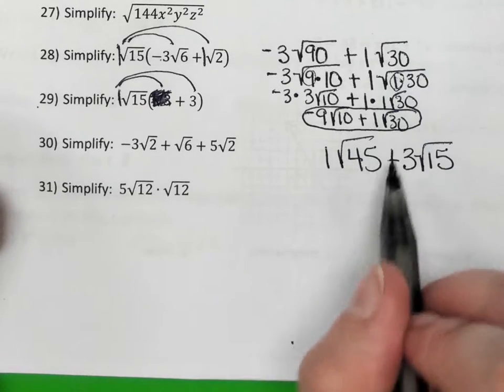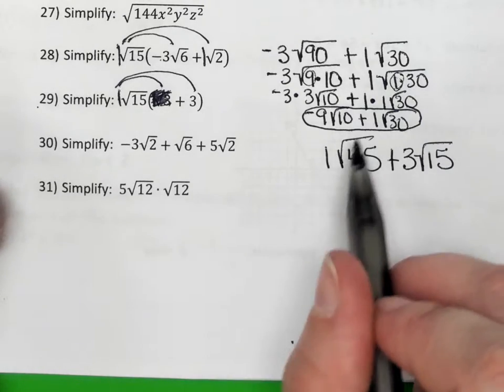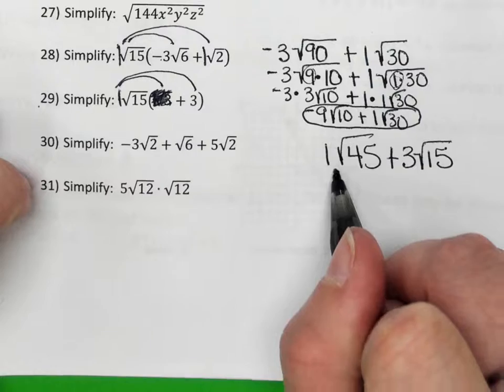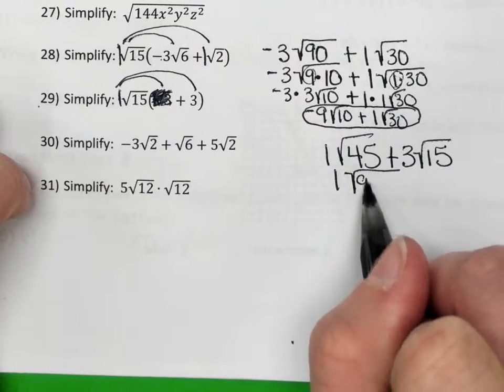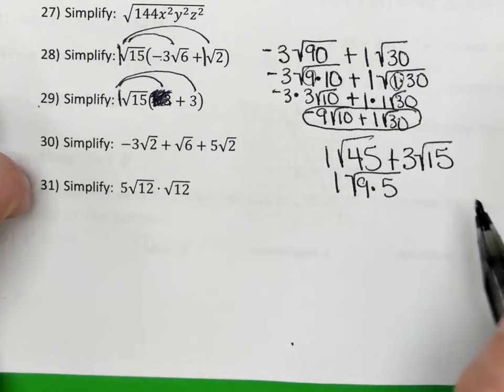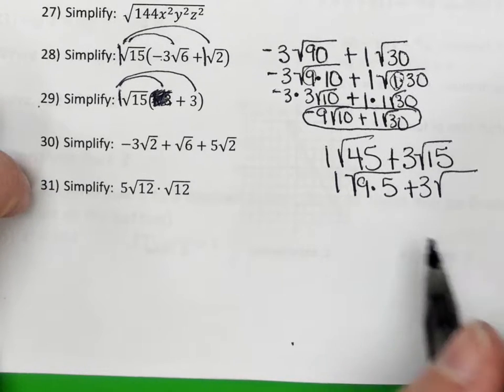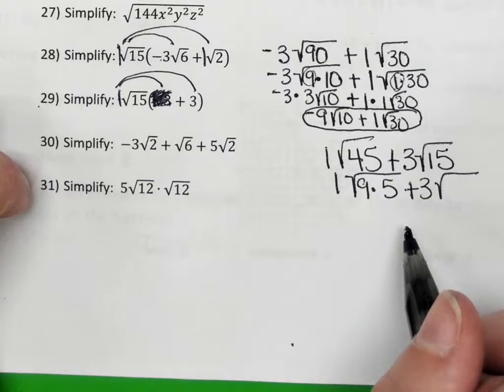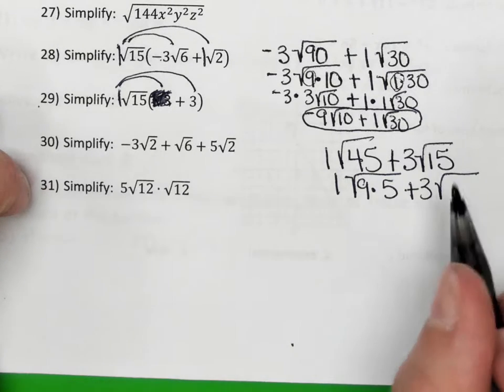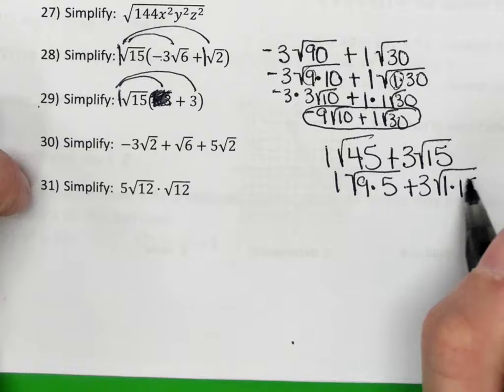All right, 45. What perfect square goes into 45, guys? So 9 times 5. Very good. What about 15? What perfect square goes into 15? 1 times 15. Very good.